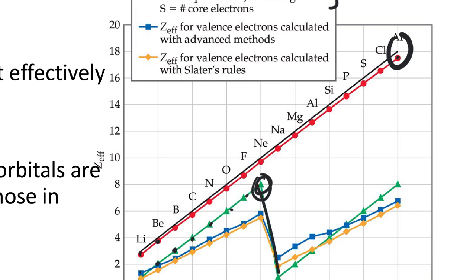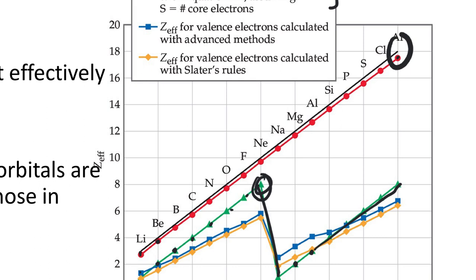And then we reset ourselves back for sodium, back to +1, +2 for magnesium, +3 for aluminum on upward. So the green curve is just showing you what the trend looks like for the effective nuclear charge being approximated by Z minus the number of core electrons.